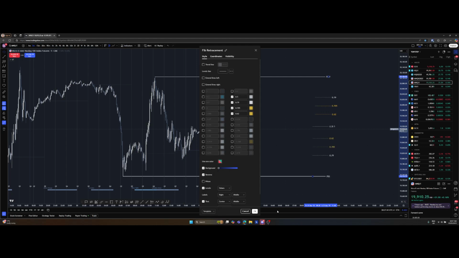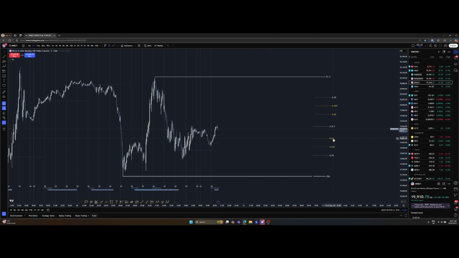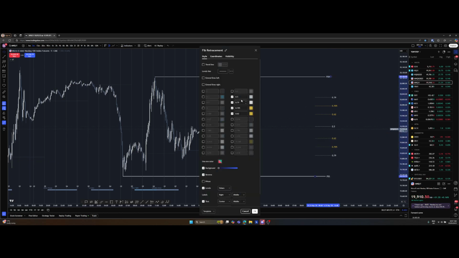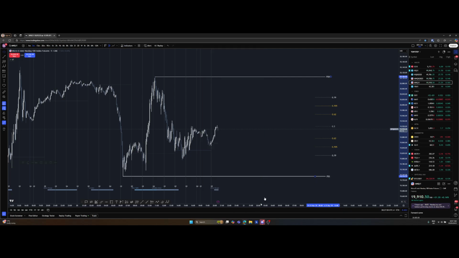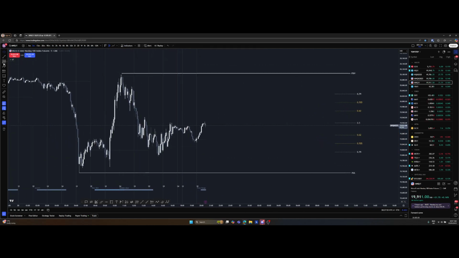And we'll just reverse this as well. Turn off the 0.5 there. Okay, and then we do our fixed range volume profile from PDL to PDH.